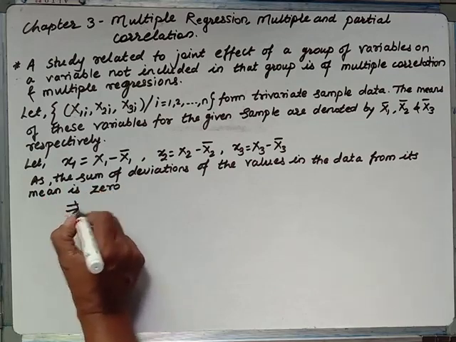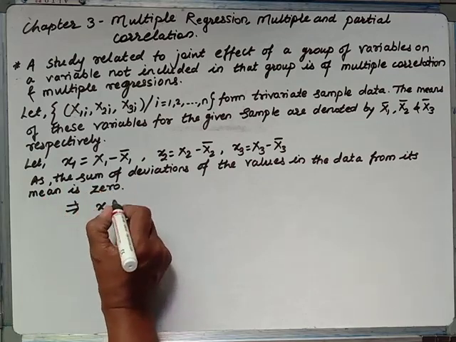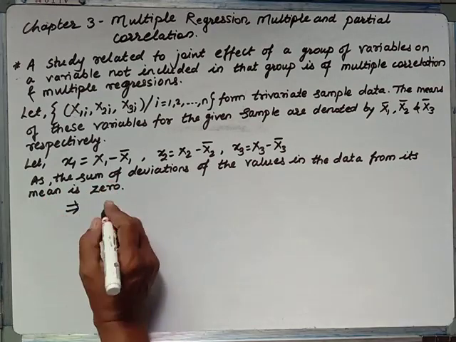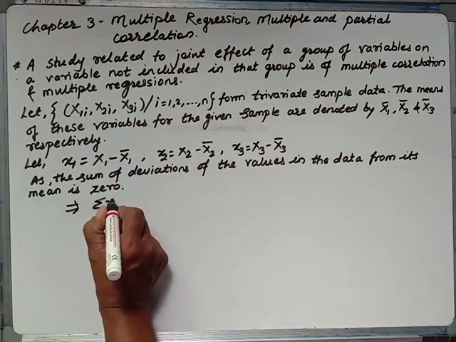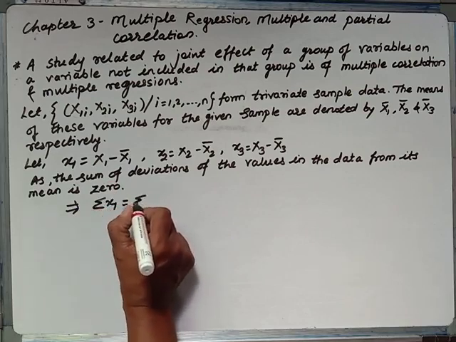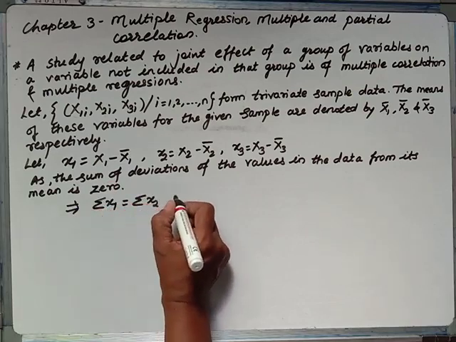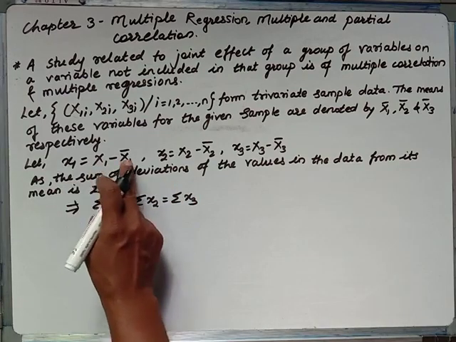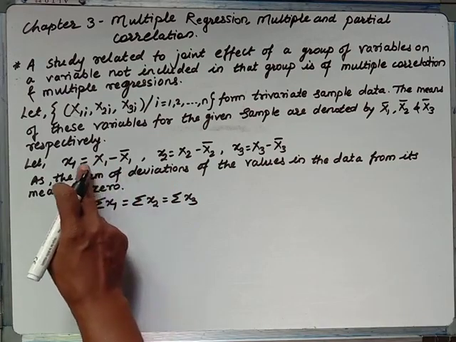So this gives summation x1, summation x2 and summation x3, which are nothing but deviations about their means.